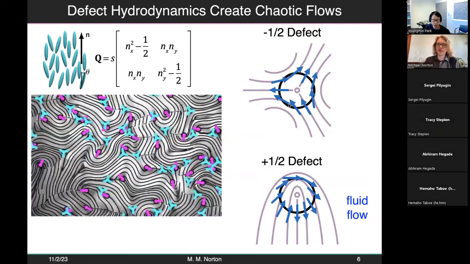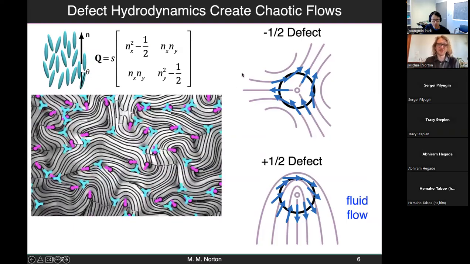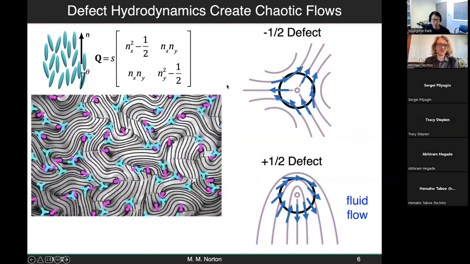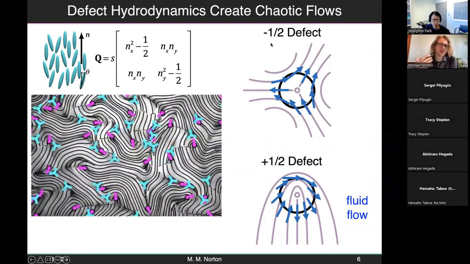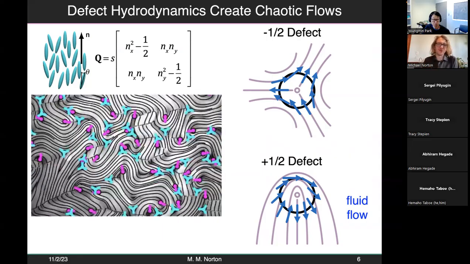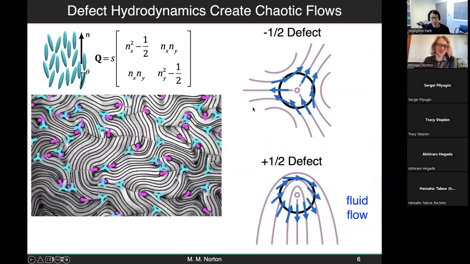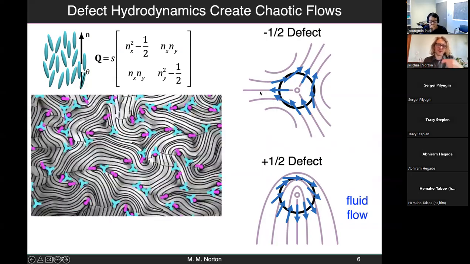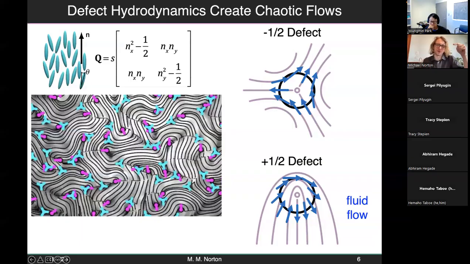Okay. I talked about defects previously, but here they are in greater detail. We have two kinds of topological defects that we name according to their topological charge. You get this charge by doing a winding number calculation. It's basically a measure of how many times our orientation field rotates as you proceed around the core of the defect.